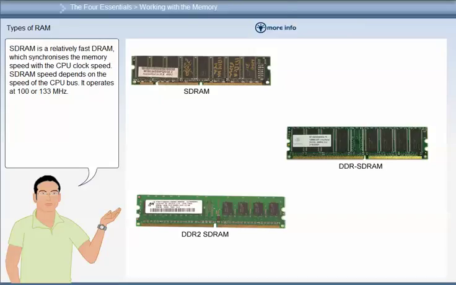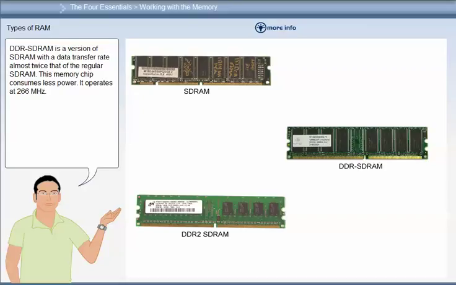SDRAM is a relatively fast DRAM which synchronizes the memory speed with the CPU clock speed. SDRAM speed depends on the speed of the CPU bus. It operates at 100 or 133 MHz. DDR-SDRAM is a version of SDRAM with a data transfer rate almost twice that of the regular SDRAM.